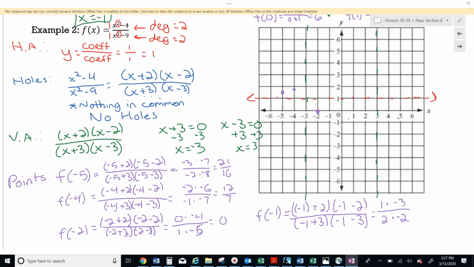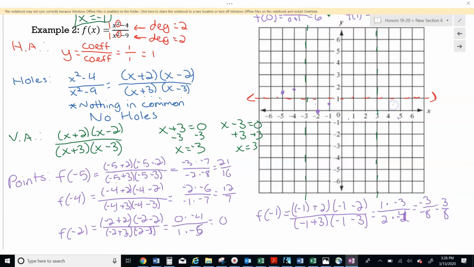Oh, we have 3 spaces. Sorry, I'm going to have to do another point. Negative 1 minus 3 is negative 4, I'm going crazy, over negative 8, which equals positive. Oh, that's fine, okay.